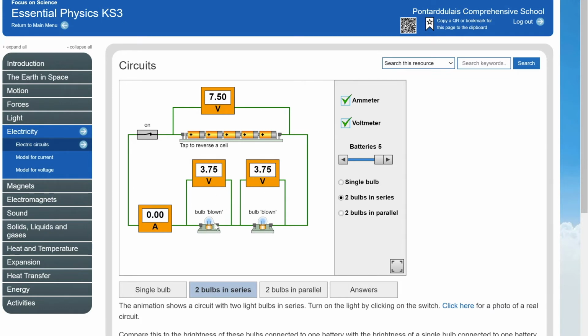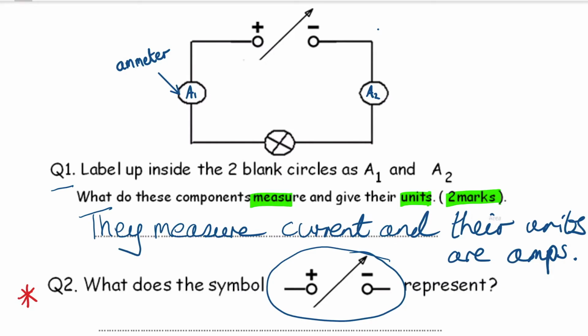So you can't have more than a certain voltage across a bulb before they blow. Okay, so that can take 3 volts, but it can't take 3.75. Those are the 2 rules. Let's apply. This is your booklet.